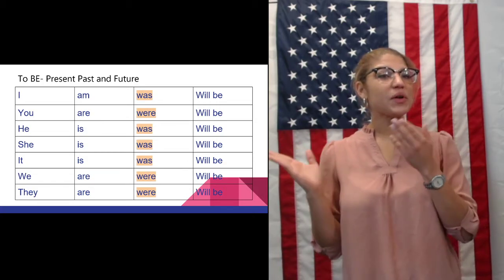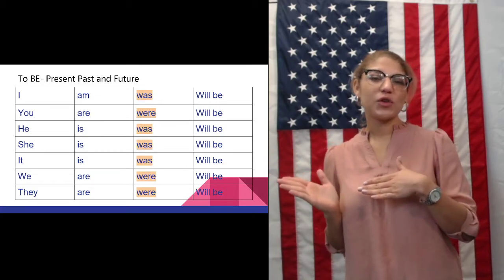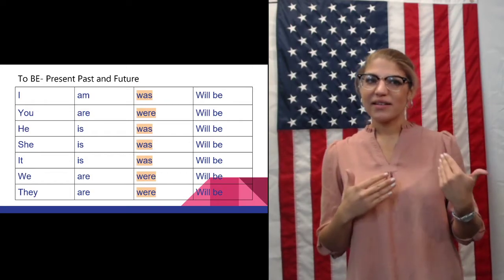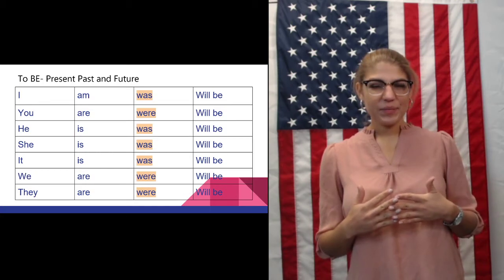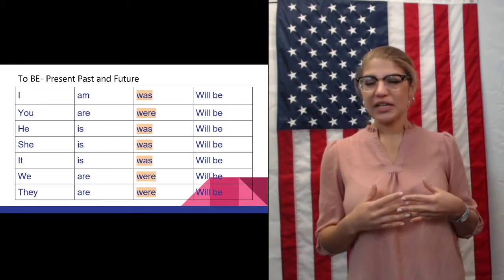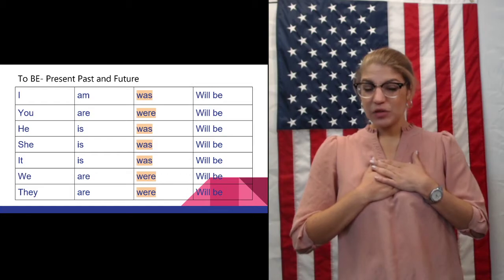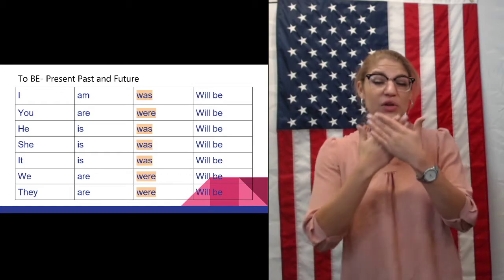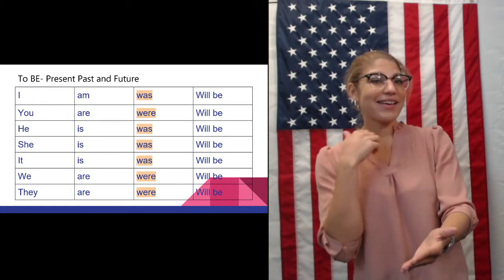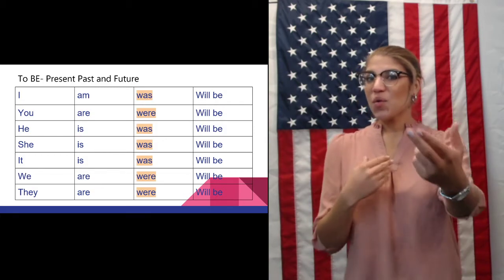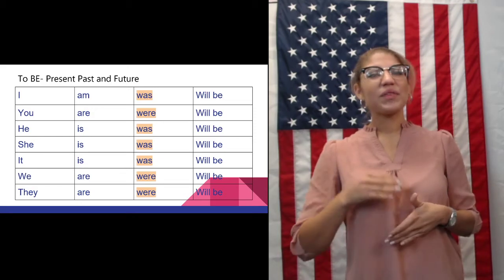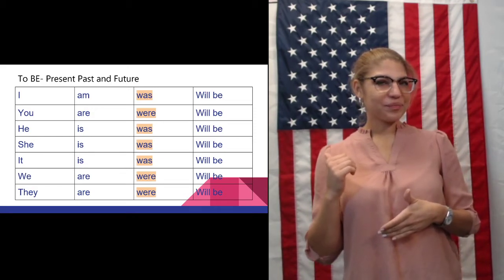Just to review, what we have here is our verb to be, ser y estar. With our verb to be, our conjugation is I am, you are, he is, she is, we are, and they are.